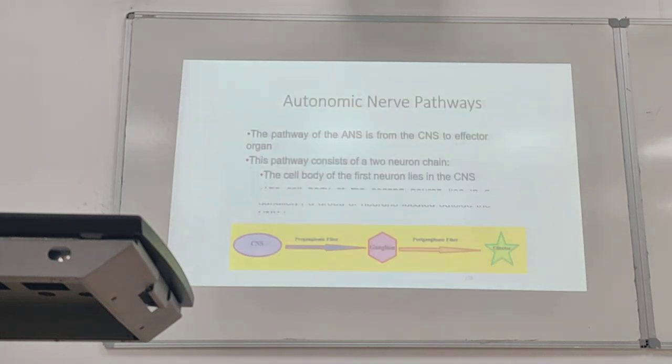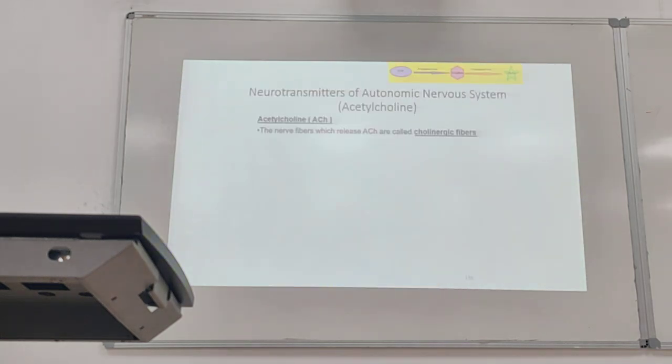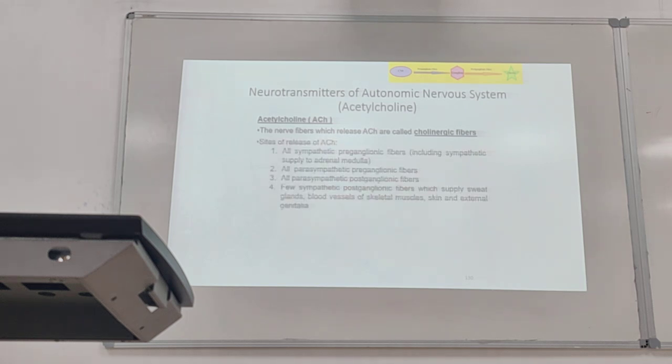All right, don't worry. We'll start once again. So acetylcholine, this is the short form. The fibers which secrete acetylcholine are called cholinergic fibers. I told you in the beginning, they are at 4 places. What are those 4 places?